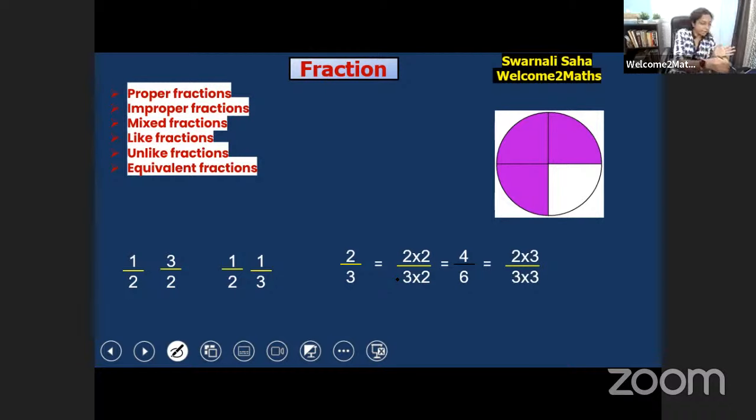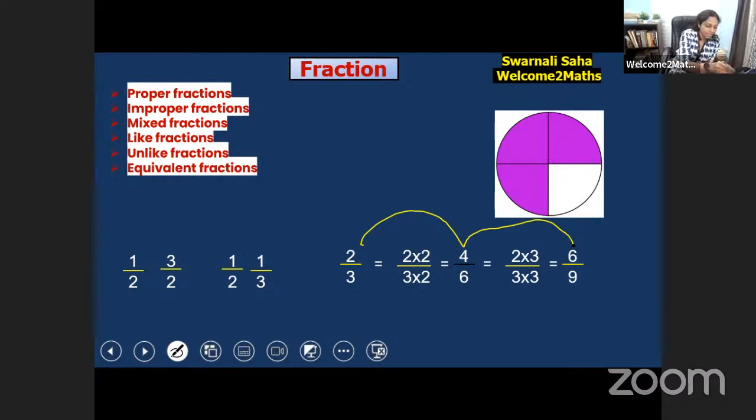Just like if we multiply 2 by 3 with 3 and 3, what will we get? 2 into 3 is 6 and 3 into 3 is 9. So these are all called equivalent fractions. For 2 by 3, whenever we multiply the numerator and the denominator with the same number, we will get an equivalent fraction of that fraction.